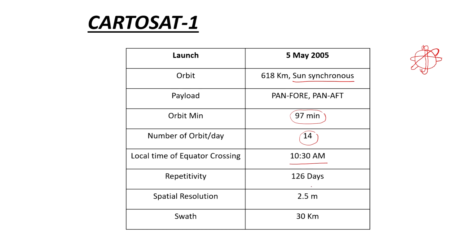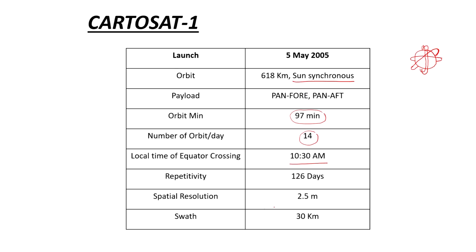So this satellite will acquire data from the same region every 126 days, the spatial resolution is 2.5 meters, and the swath is 30 kilometers. Swath means the ground coverage, or the IFOV, instantaneous field of view, of this satellite, which is 30 kilometers.